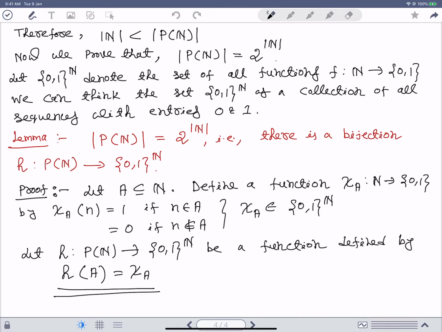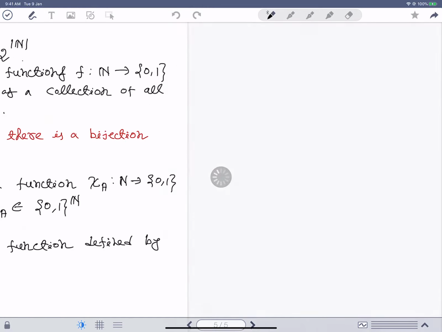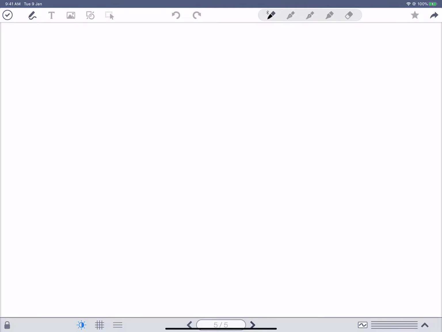Now we prove that this h is injective. Now why is h injective?